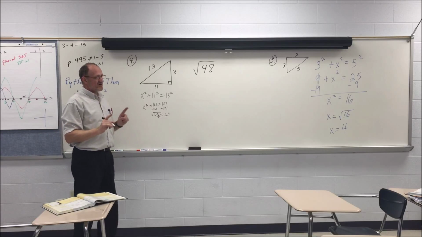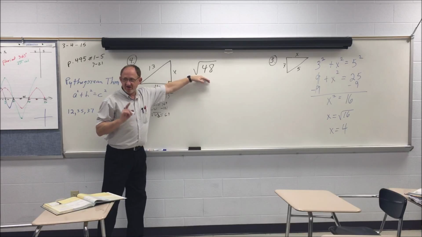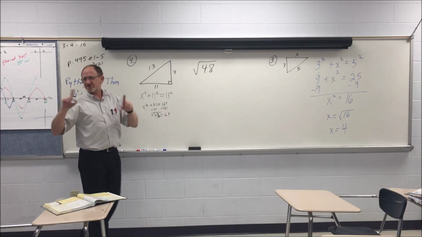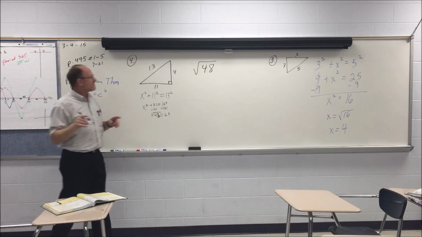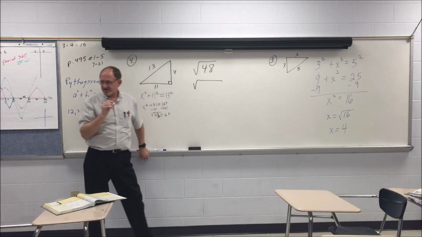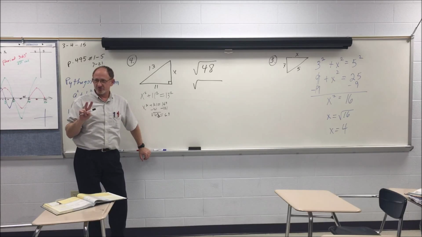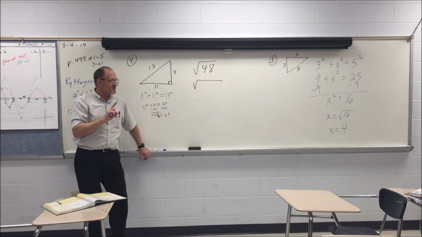Now, for simplest radical form, you're going to break down the square root of 48, and we'll work more on this later in this chapter, but you would write the square root of 48 as the product of two numbers, one of which you can take the square root of.